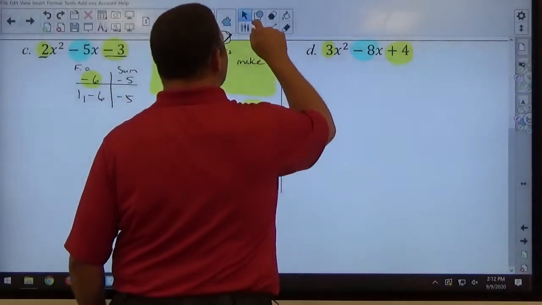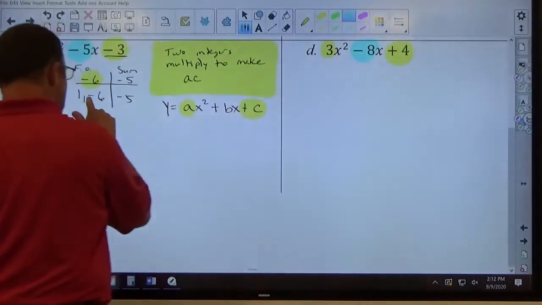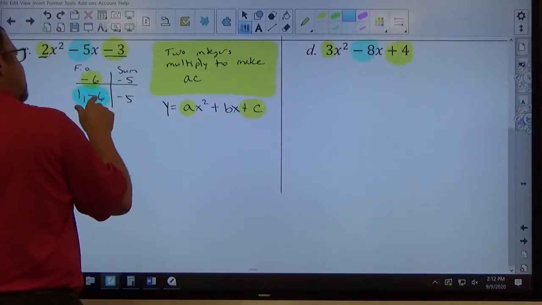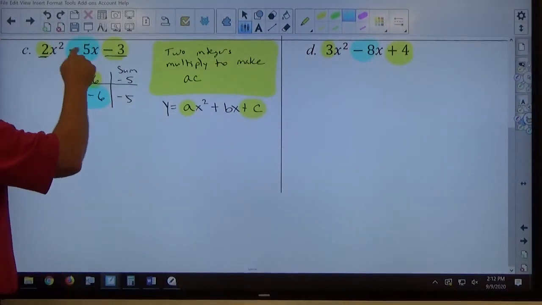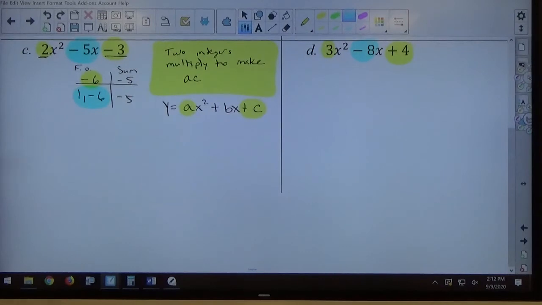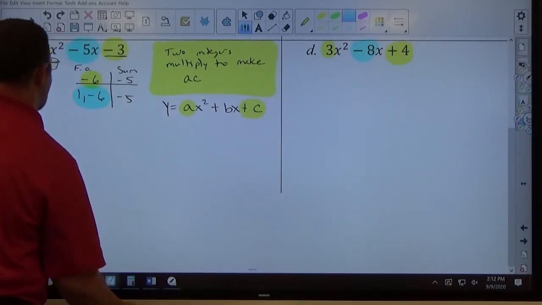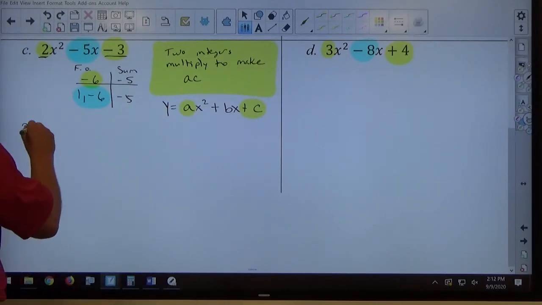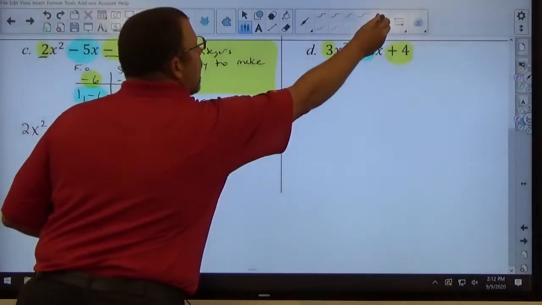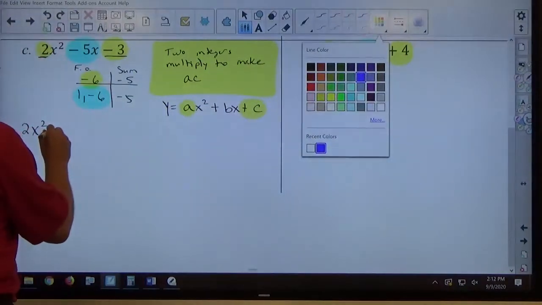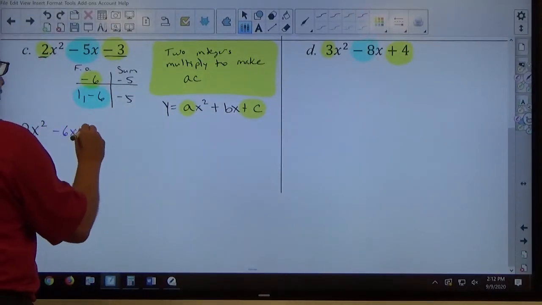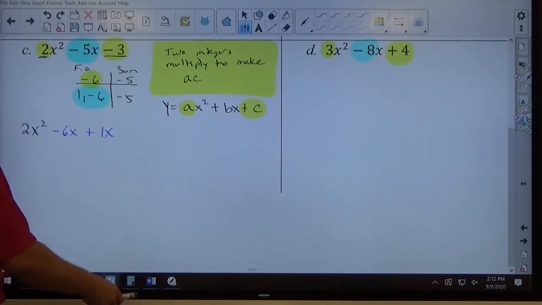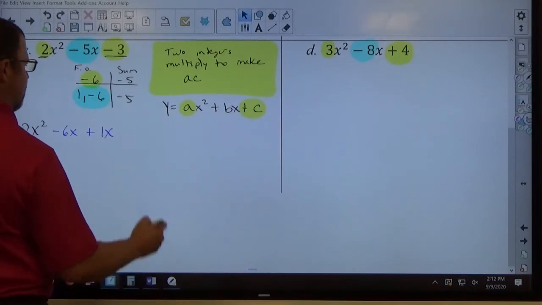What I'm going to do with these two numbers, these are my two numbers, is transform this term into two different terms with those as my coefficients. Here's what it's going to look like. I'm going to write 2x squared, and then I'm going to write minus 6x plus 1x, and then I'm going to write -3.